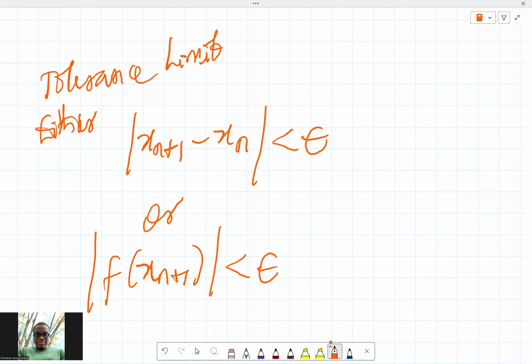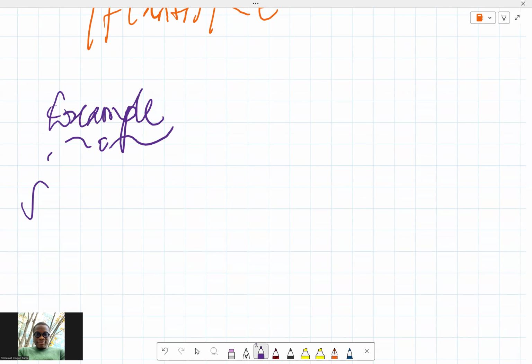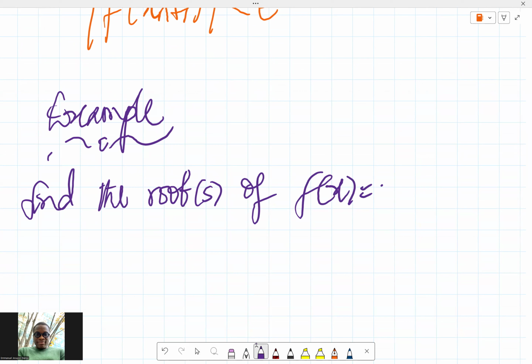Having said that, can we go ahead and solve the same problem we've been solving from the very beginning? The example: find the roots, if possible, of f of x equals x cubed minus x minus 2, given an initial guess.